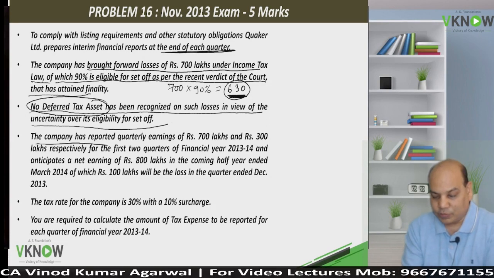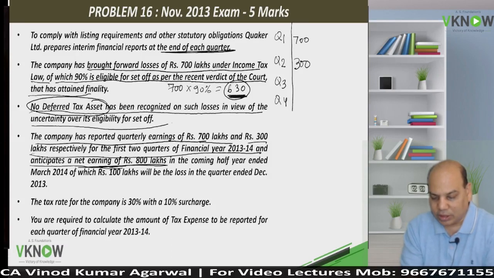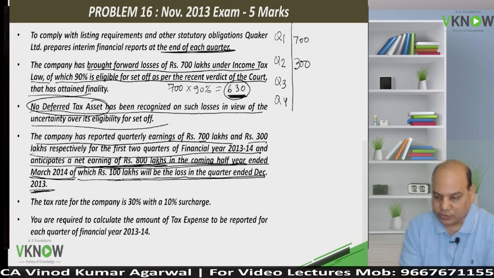The company has reported quarterly earning. Understand the question. 700 lakh they have reported in the first quarter and 300 they have reported in the second quarter, and anticipated a net earning of 800 lakh in the coming half year ended March 2014, out of which 100 lakh loss will be in the quarter ended 31st December 2013.